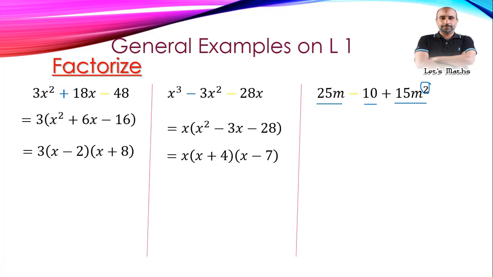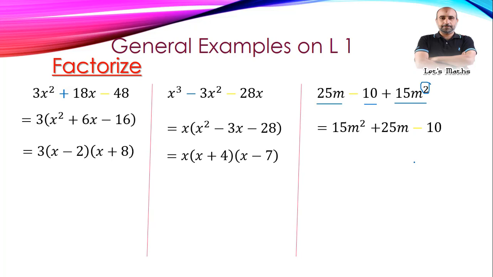The power of 2 will be in the beginning, the power of 1 in the middle, and the absolute number in the end, just like the two forms we have studied in this lesson.